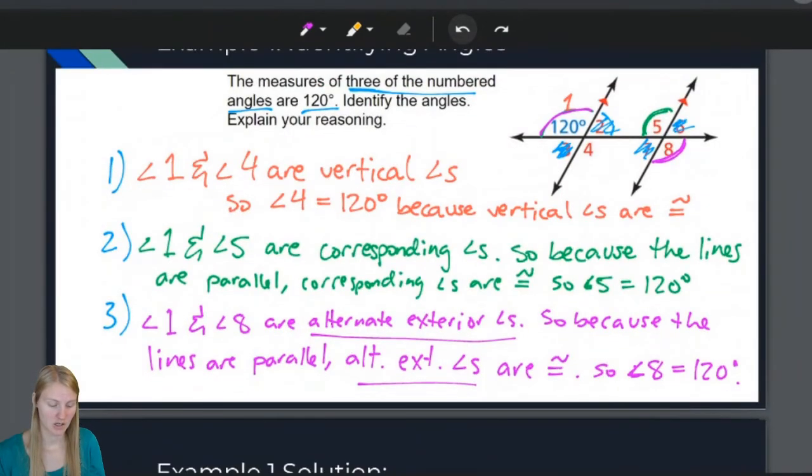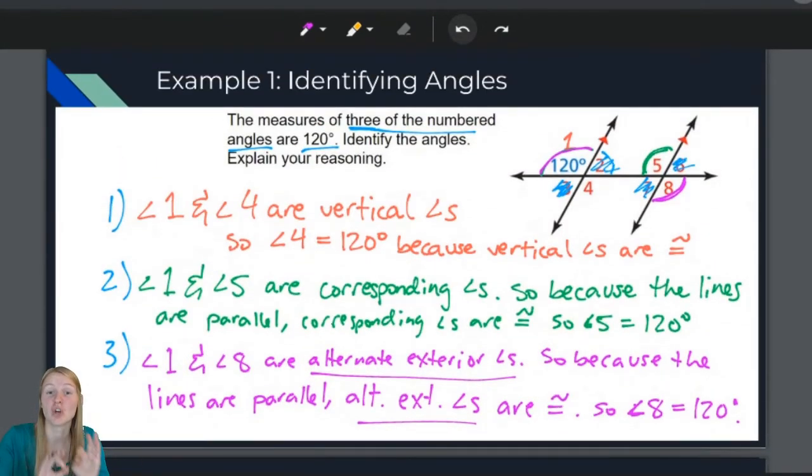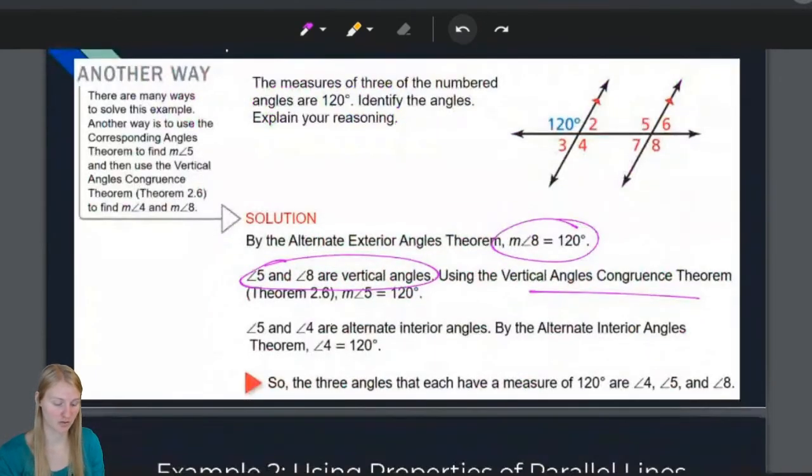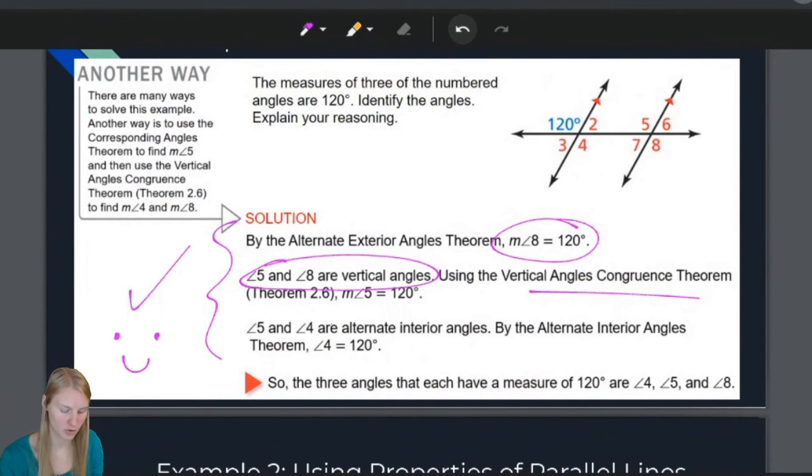But hey, our reasoning was just as sound. We used logic and reasoning. We got the same conclusion, and as long as our reasoning is solid, we're right. Just because we have a little bit different answers doesn't mean that we're wrong. They drew the same conclusions as us: 4, 5, and 8 are 120 degrees.